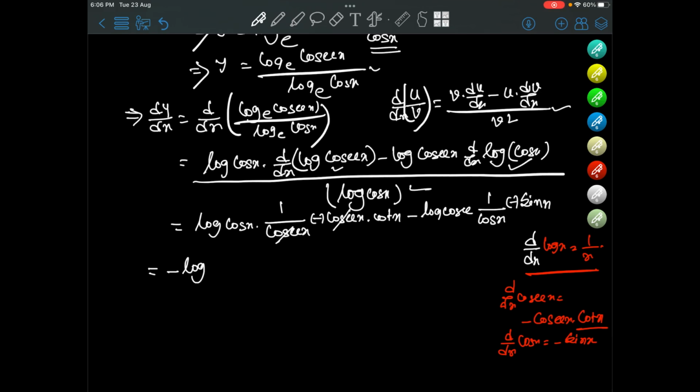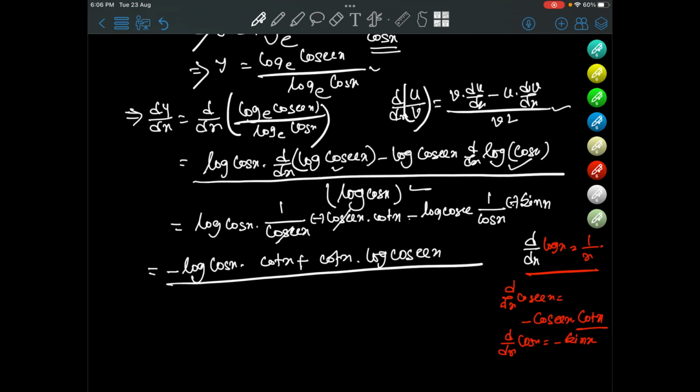Then minus of log of cosec x into cot x. Here we have a minus and here we have a minus, so it becomes positive. Now we can write it as cot x log of cos x plus cot x log of cosec x, divided by log of cos x whole square.